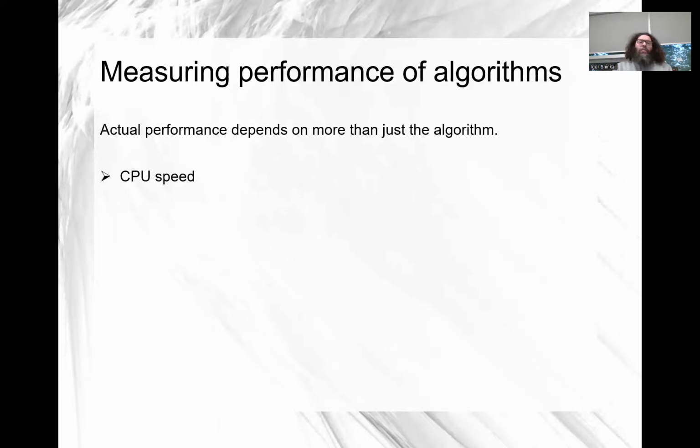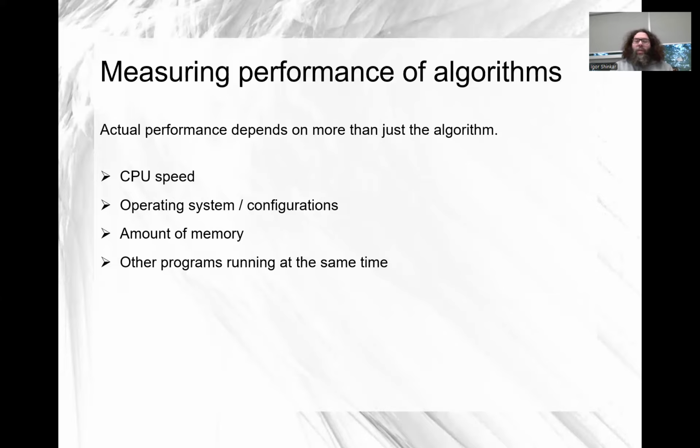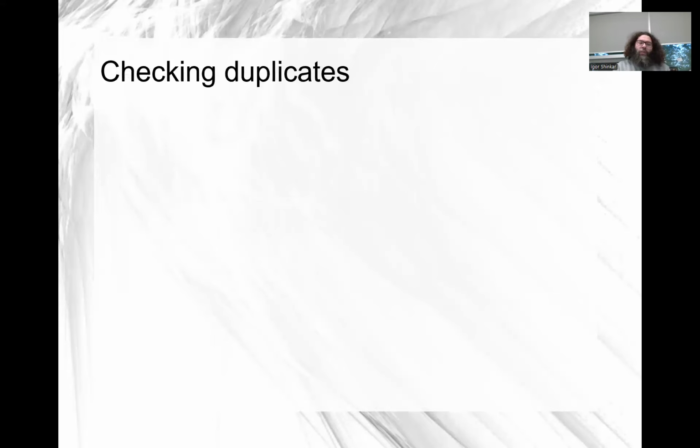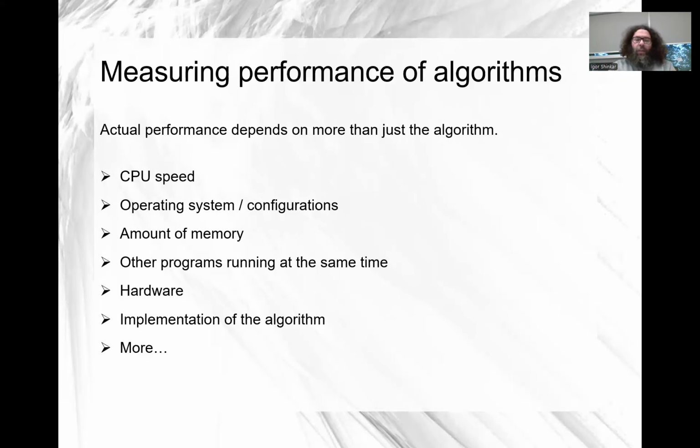Actual performance is more than just how many operations, because it depends on CPU speed, configurations of the operating system, memory and cache, and if you have dual core and stuff like that. So it's more complicated, but for now we're going to slightly simplify things and assume that each operation takes exactly one time unit.